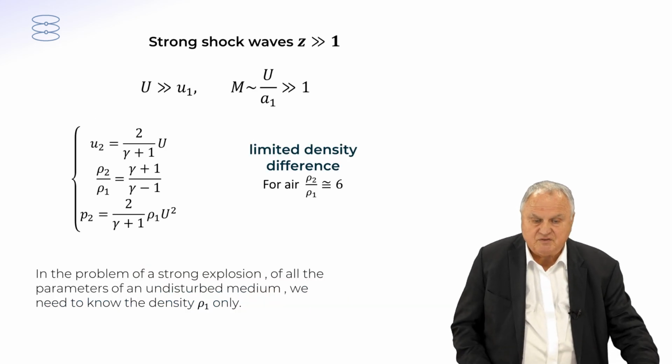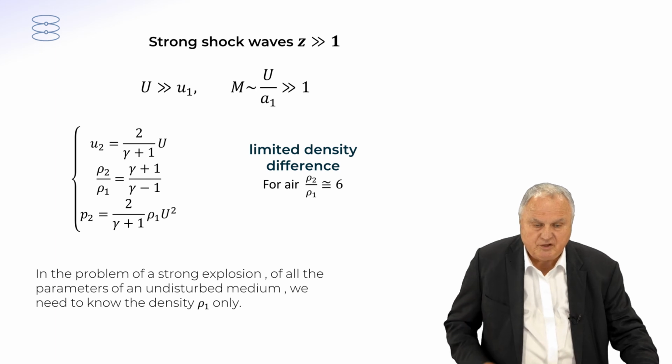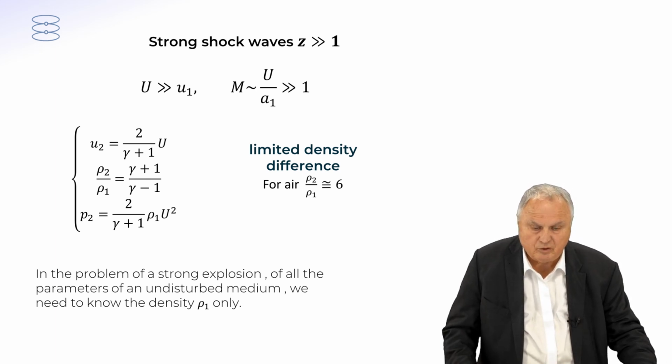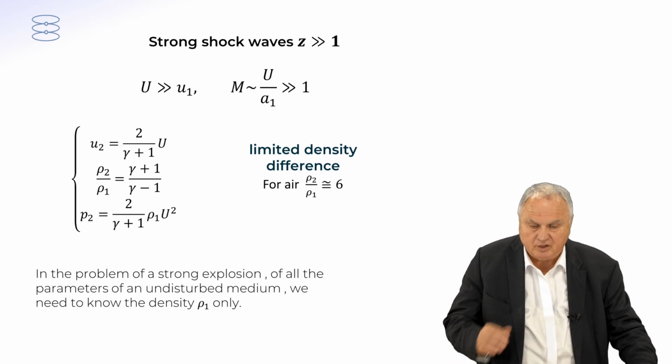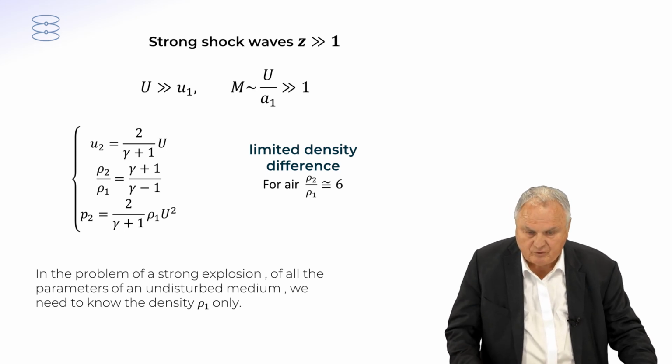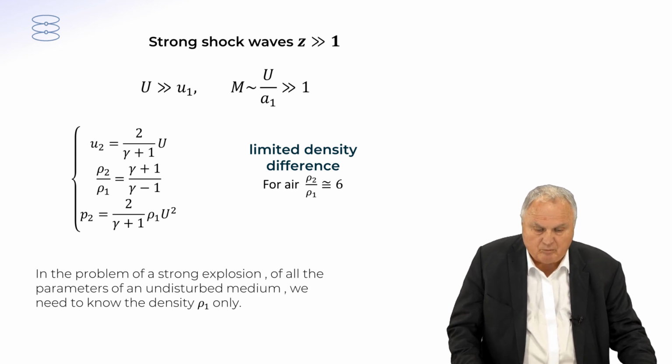For strong waves, we have Z much more than unity. In this case, the propagation speed of the shock wave is greater than the particle movement in the undisturbed area, and the Mach number is more than unity. But the conditions on the front of the shock wave are very simple.